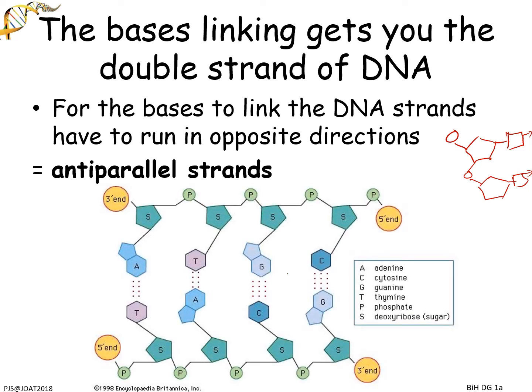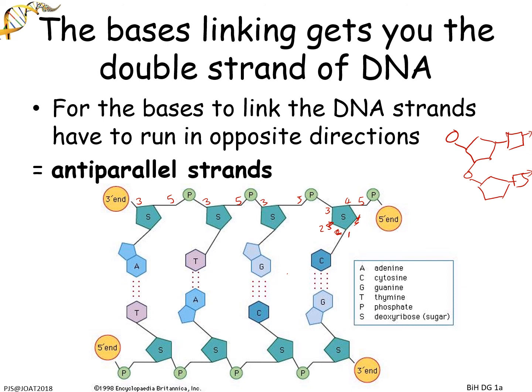So what we mean by anti-parallel is, well, here's a 5 up here, there's your 1, 2, 3, 4, 5. So that's the 5, there's your 3, there's the 5, there's your 3, all the way down to, so that's the one that we had set up before. So this is kind of the normal strand, that's fine. But this strand, when I try and put a second one on, I can't do it this way around.